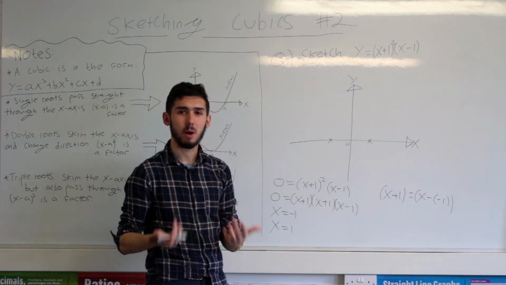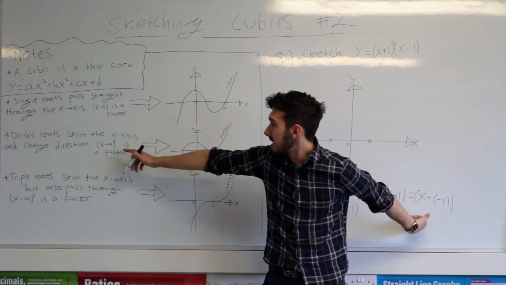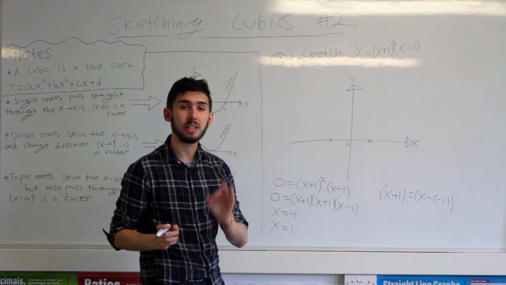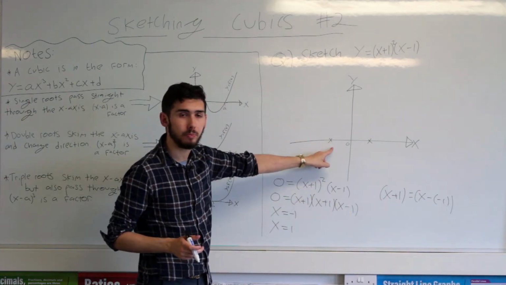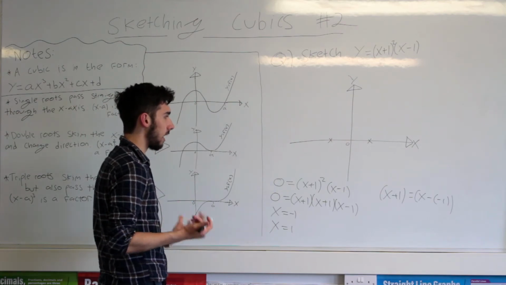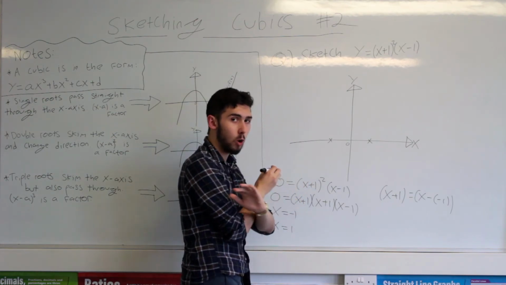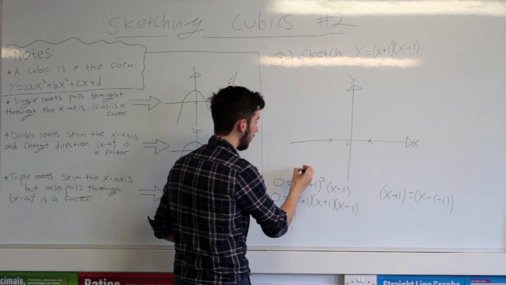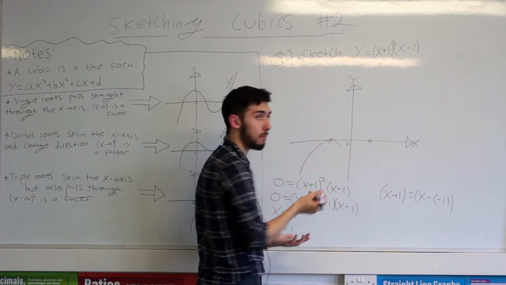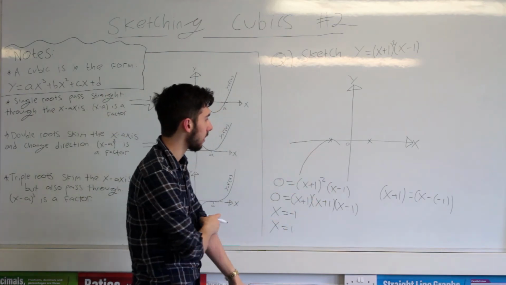X minus minus 1 is x plus 1, which means this is now in the form x minus a, as we can see here, where a is negative 1. So the negative 1 is a double root. The double root is this one. Okay, so let's now observe. It's a double root. If we come from below and we get a double root, the only possible thing that can happen is we come up like this, we skim, and we have to come back down because it's a double root. So we come back down, okay?